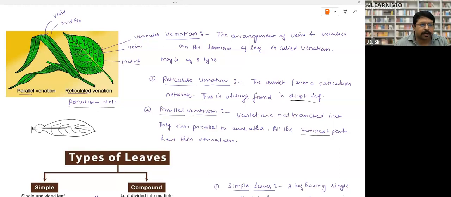Citrus means all the citrus fruit, like orange, lemon. Okay, so this is citrus leaf.